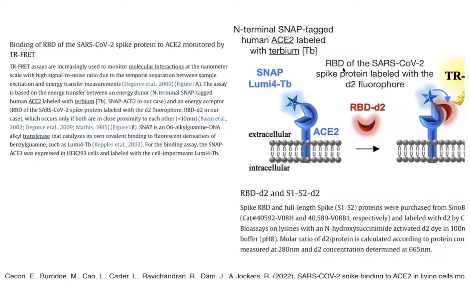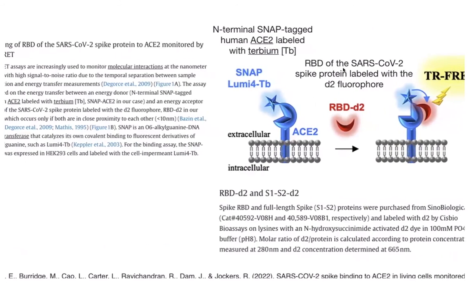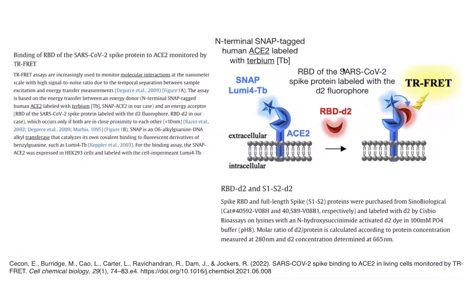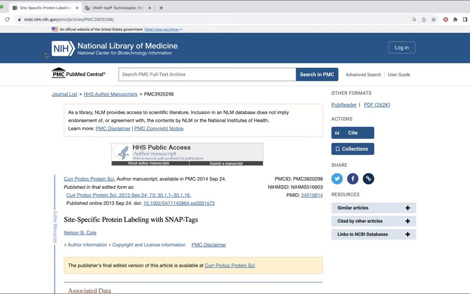So what are they going to do in this experiment? If they want to measure the interaction between the RBD and the ACE2 protein, what do they need to do? Yeah, they need to label the two of them. They're going to take different strategies for ACE2 and for the RBD.